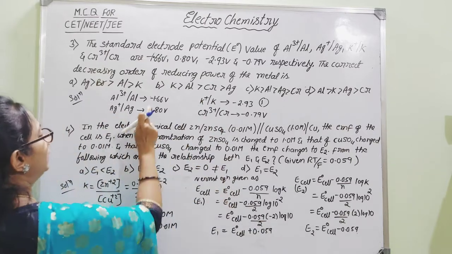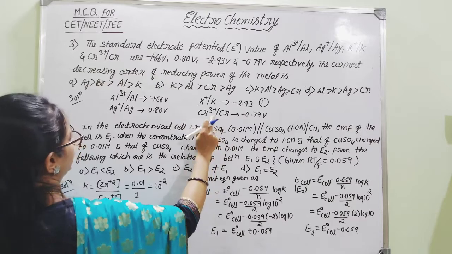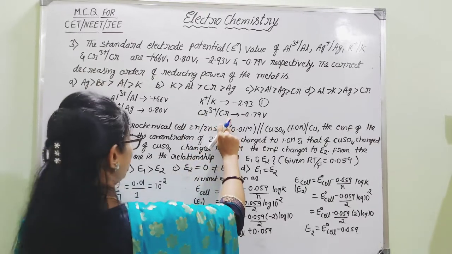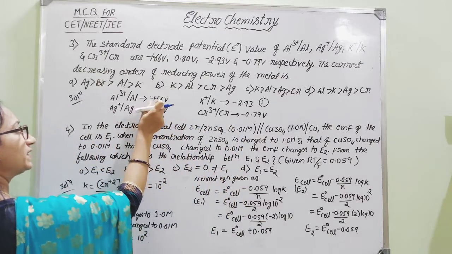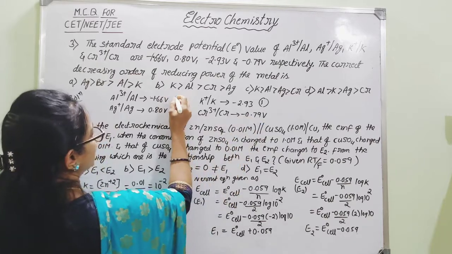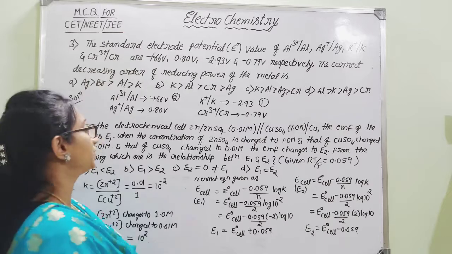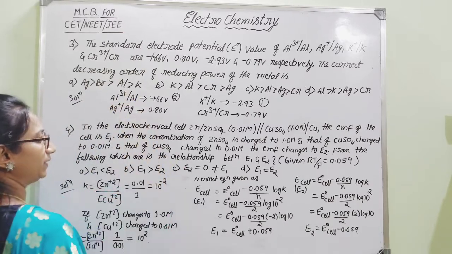Then the second one, among minus 1.66 and Cr3+ into Cr, which has a higher number, 1.66, with negative symbol, it is the least value when compared to minus 0.79. Therefore, the second strong reducing agent is aluminium, that is Al3+ converting into aluminium.